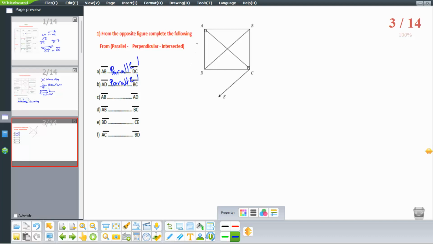AB and AD have a common point A and they are intersecting at a right angle, so perpendicular. AB and BC have a common point making a right angle, so perpendicular.